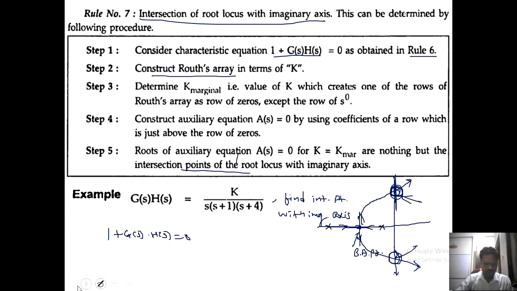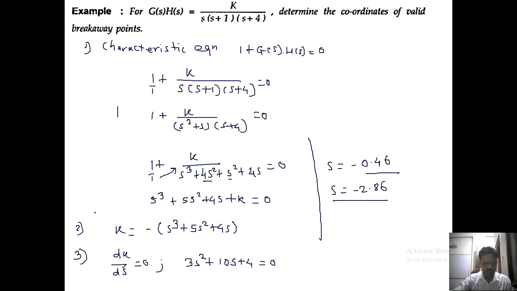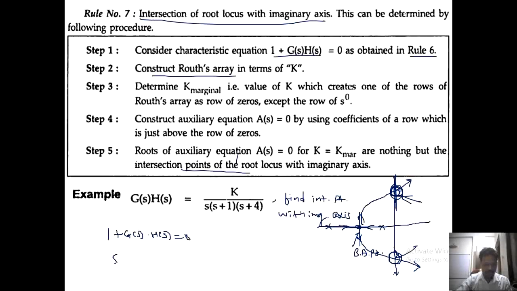We have a ready-made equation, because we get the same equation in step number 6 for the breakaway point, where k by s into s plus 1 into s plus 4 gives s cube plus 5s square plus 4s plus k equal to 0. This is the characteristic equation.